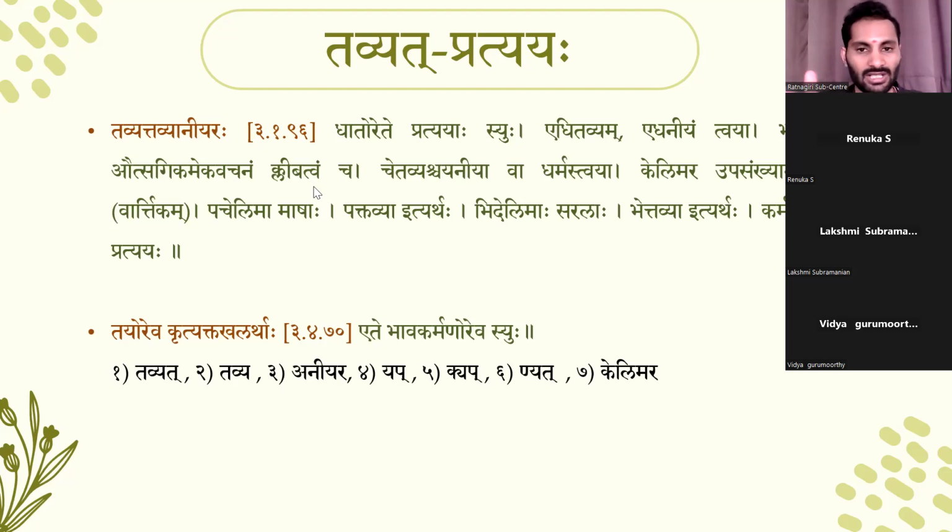In Laghu Siddhanta Kaumudi, Varadarajacharya has divided Krudanta Pratyayas into two Prakaranas, basically Purva Krudanta and Uttar Krudanta. In Purva Krudanta, he creates one chapter where he puts Kritya Pratyayas. Under that category comes the sutra Tavyat Tavyaniyarah. This is the first sutra.